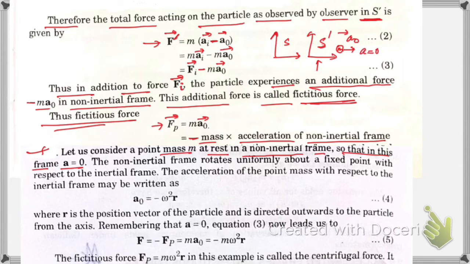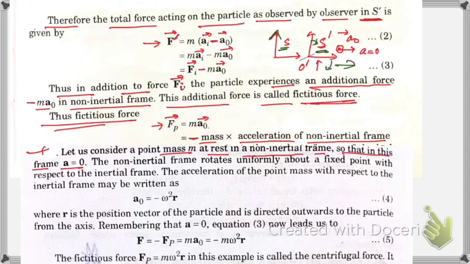The non-inertial frame uniformly rotates about a fixed point. Suppose this non-inertial frame is rotating around this origin O dash with respect to the inertial frame. S is the inertial frame, S dash is the non-inertial frame, and it is rotating, not moving forward.